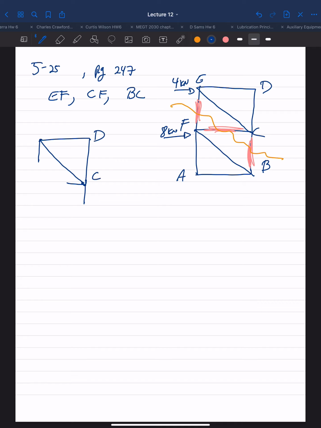D, C, and E. We have the 4 kilonewton force. So here is our FEF.